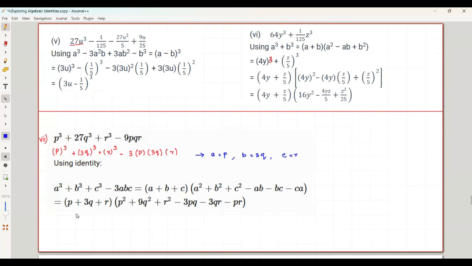In the place of a we write p, so it is (p plus 3q plus r) into (a square means p square plus b square, (3q) the whole square is 9q square, plus r square). The formula is minus ab, that is minus p into 3q, minus bc, minus ca, so p into r is pr. So we get this answer.